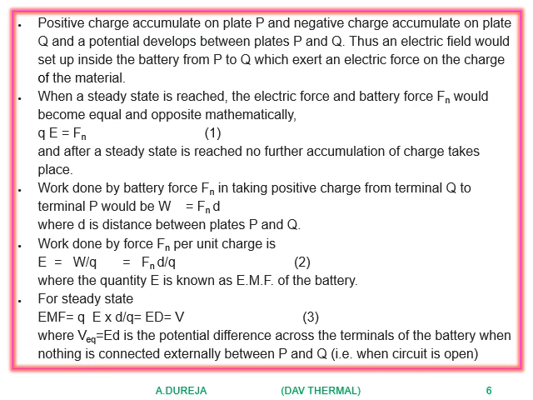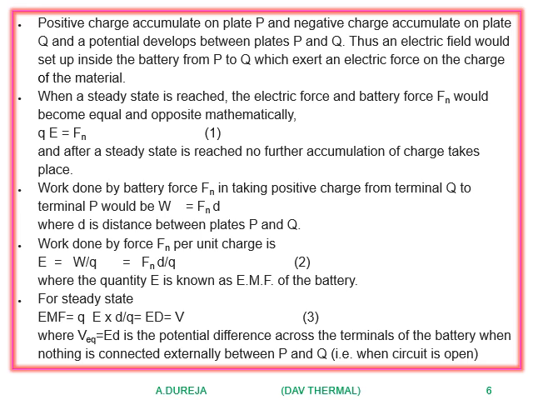The work done by the non-electrostatic force during the displacement of charge q from Q to P is W equals Fn into d, where d is the distance between the terminals P and Q. Therefore, the work done per unit charge is E equal to W upon q, and that will be equal to Fn d by q, as written in equation 2.